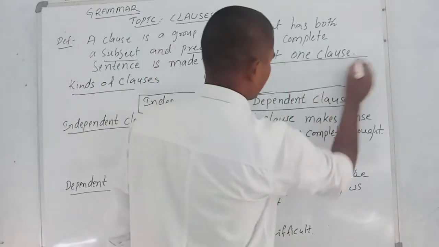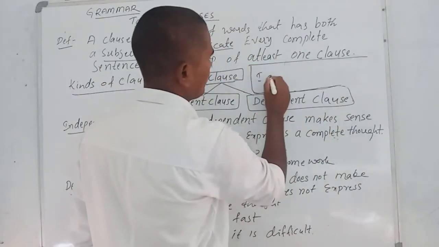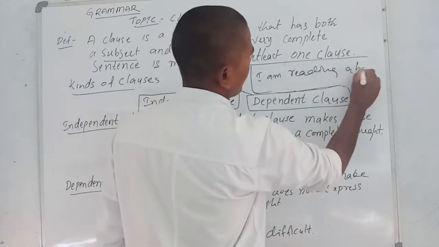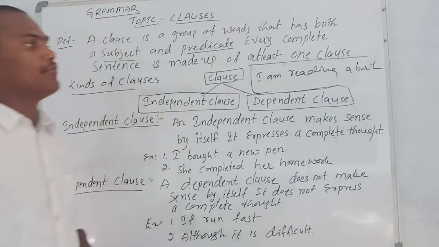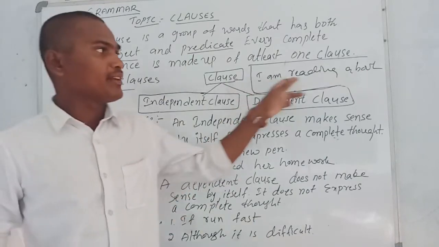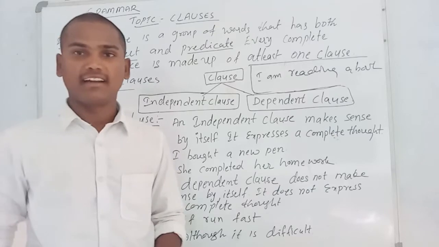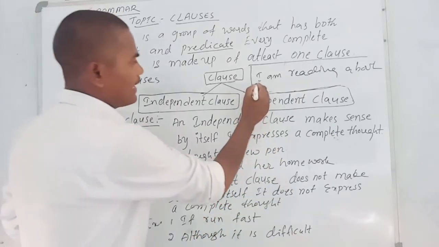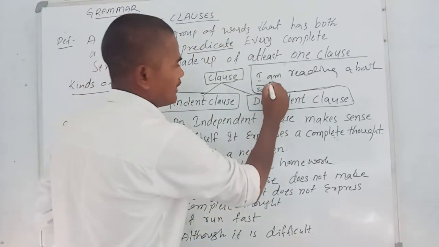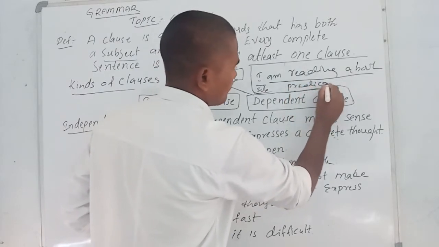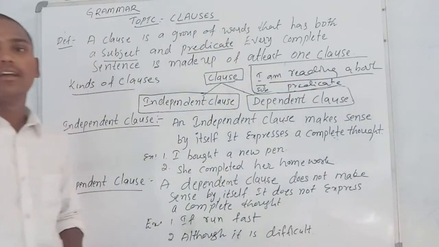Here I am going to write it: I am reading a book. If you observe this example, what is the subject and what is the predicate in this sentence? Let's find out. Only I is the subject. The rest of the sentence we call the predicate.